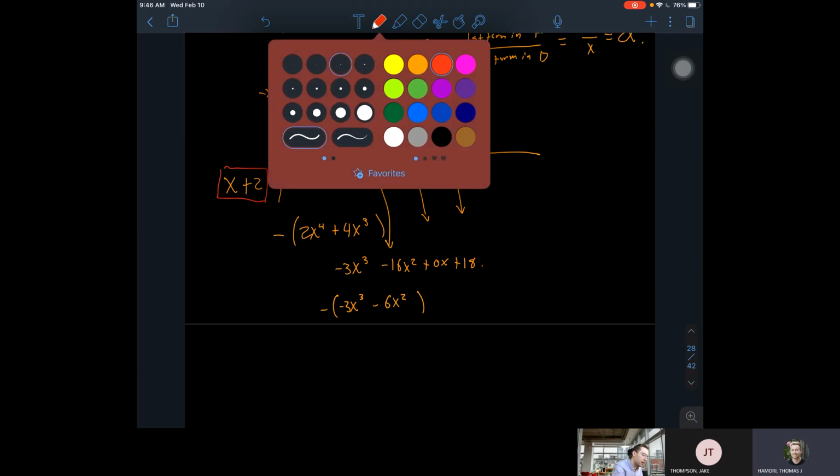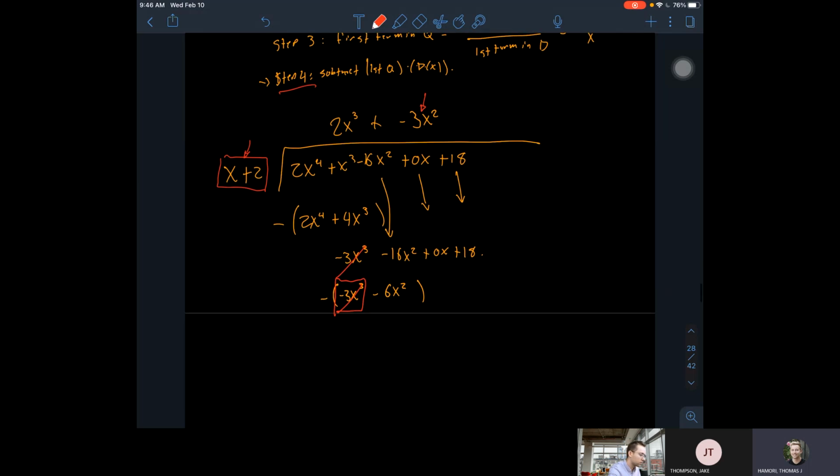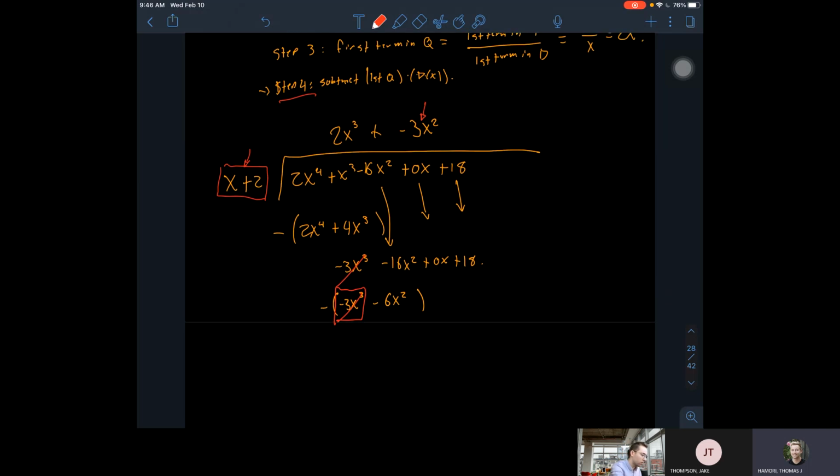And see, because of the way that I chose this negative 3x squared to be here, when I multiply it times my divisor, I get the very thing which I need in order to cancel out the term which is above it.